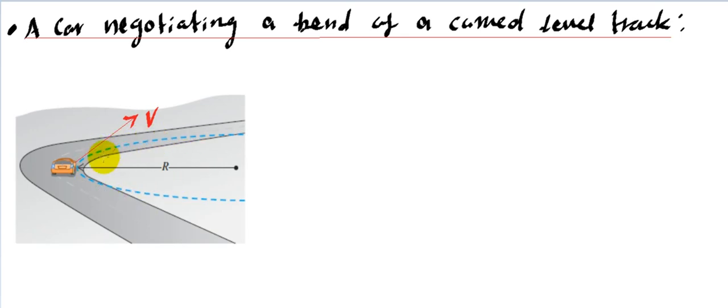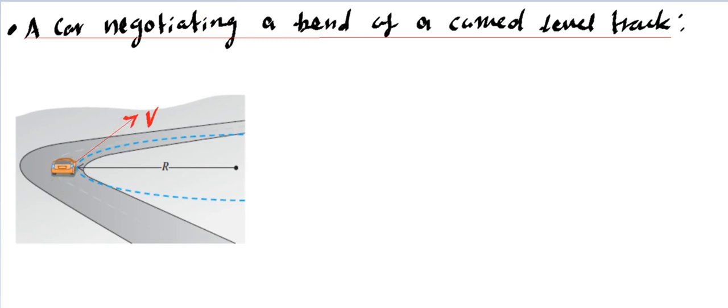When anything is going around a circular track, it is accelerating towards the center of the circle. So this car is going in this circular track, therefore it is accelerating towards the center of the circle at that point. So let us go into the physics behind the situation.